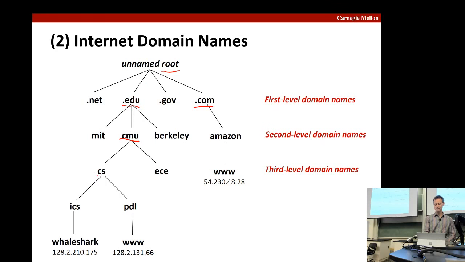Under CMU, you'd have maybe CS and ECE, and under CS, you have ICS, and then things like Whale Shark and all the other sharks. PDL is under CS, and www. Eventually you get to a leaf, and then you get the full IP address in the dotted format. This is also showing www.amazon.com, and this is the IP address for Amazon.com.